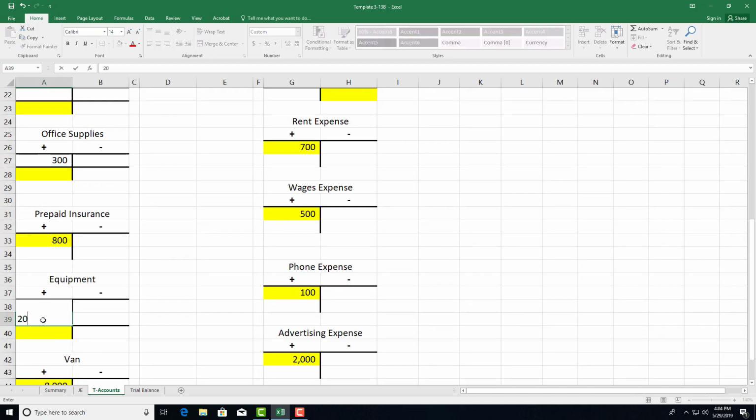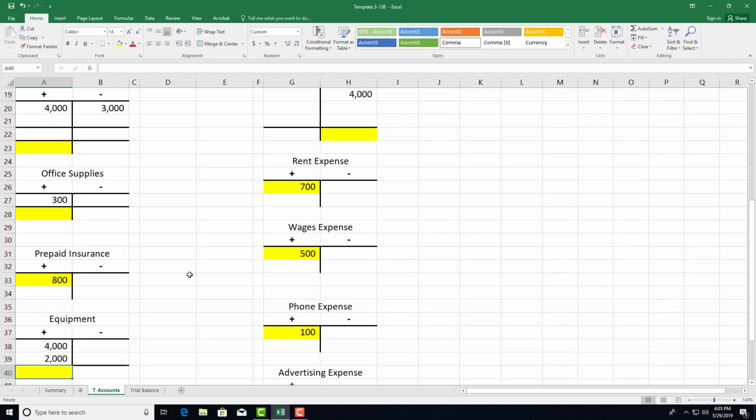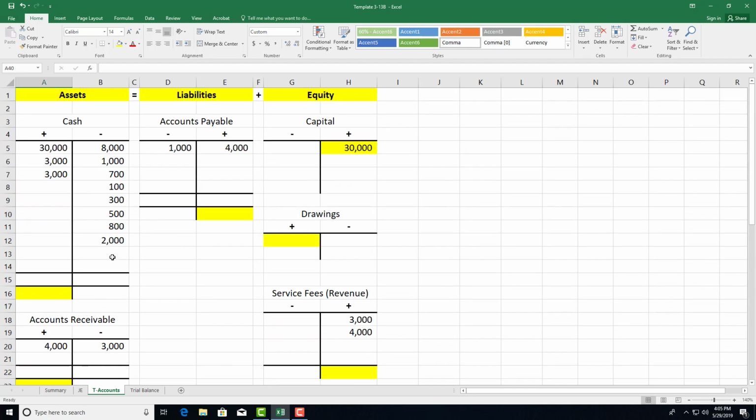So equipment, $2,000. Cash is going down $500, and accounts payable is going up $1,500.